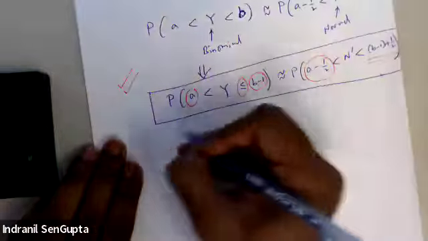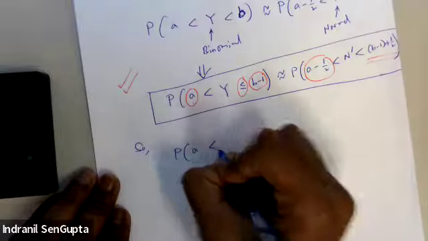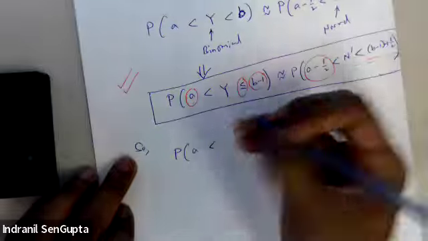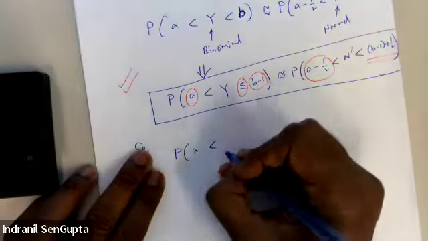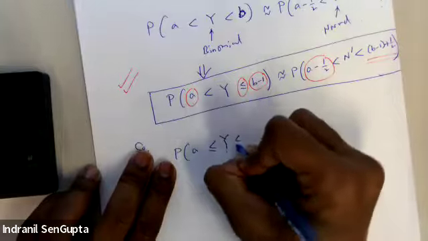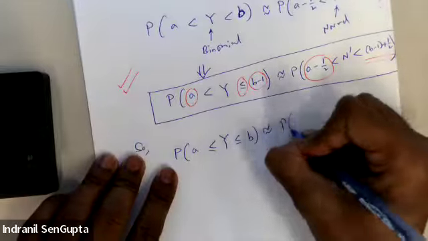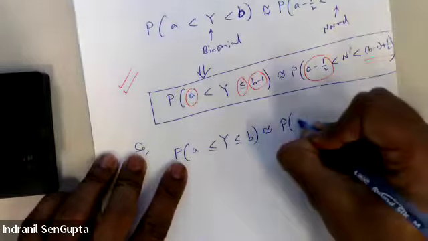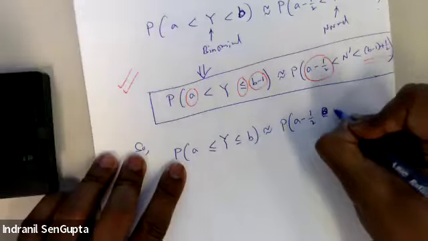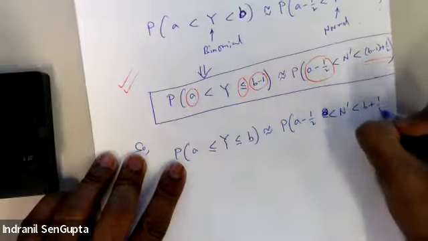Let me just write this way. So probability of, suppose we have A less than or equal to Y less than or equal to B, which is again approximately equal to probability of A minus 1/2 less than N prime less than B plus 1/2.